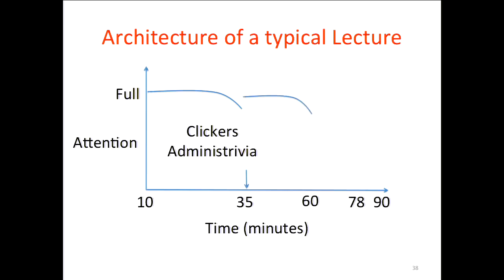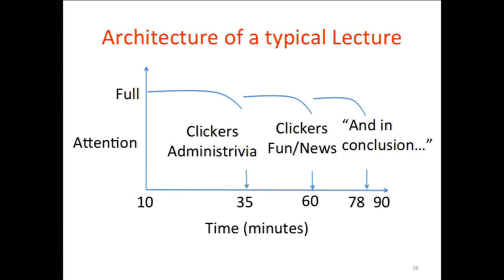Then I get my round, and you're up again. And then, again, kind of dozing off. And that's where we're going to hit you with some news and fun stuff. And then again, toward the end, another segment, that will be the conclusion, and then hitting it off to another class where, again, you have peak attention.